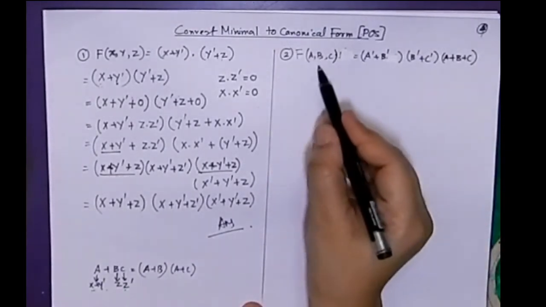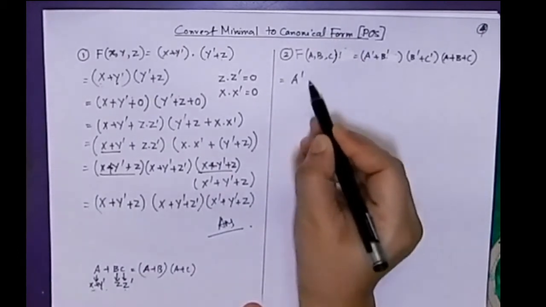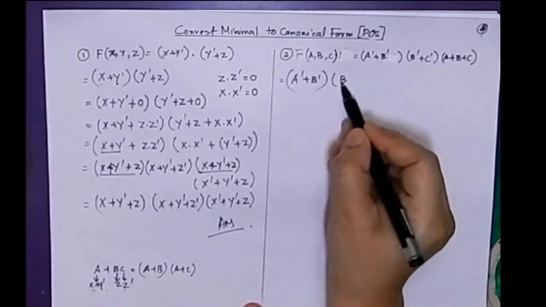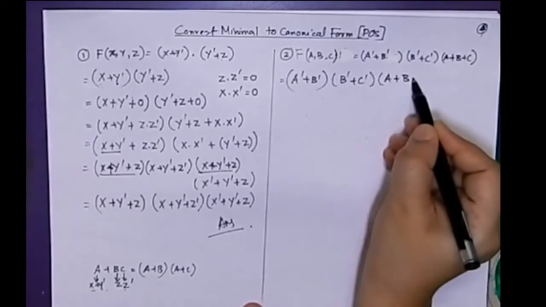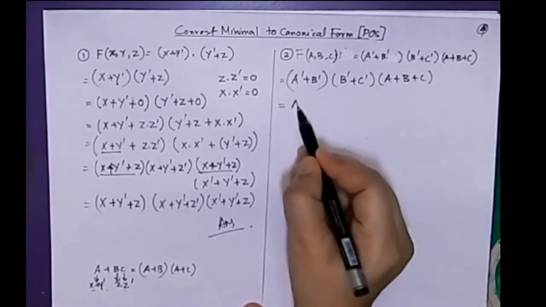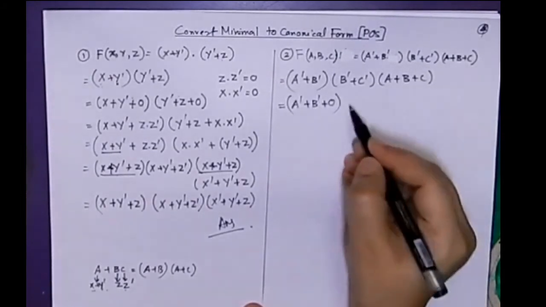You can see this is a function of 3 variables ABC, and the minimal form that has been given to us is in this way. Now in this term, C is missing, so I'll put 1 zero.